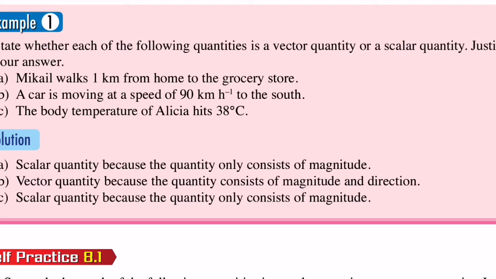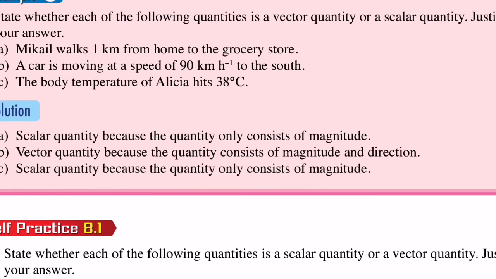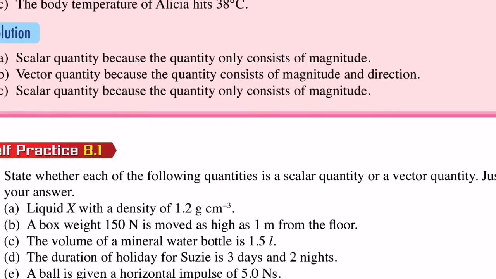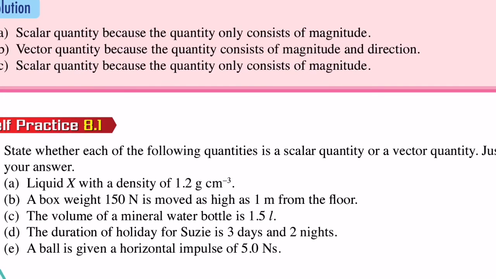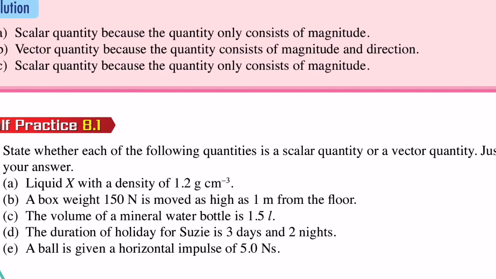A car is moving at a speed of 90 km per hour to the south. Vector quantity because the quantity has magnitude and also direction, heading to the south. Then finally, the body temperature of Alicia is 38 degrees Celsius. This is a scalar quantity because the quantity only contains magnitude.